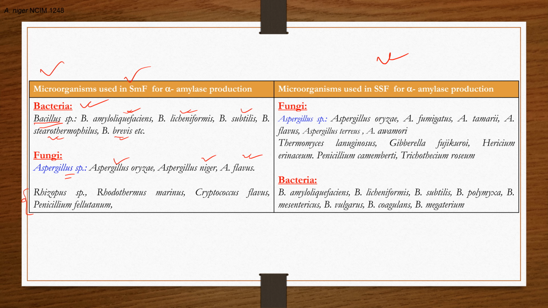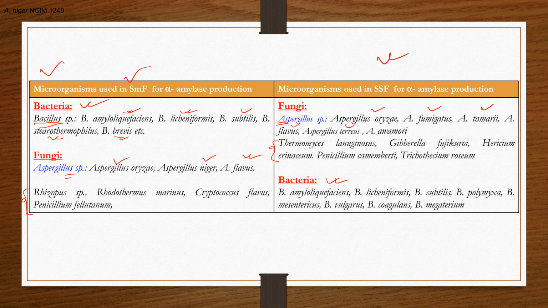Whereas in the SSF process, mostly Aspergillus species are used, like Aspergillus oryzae, fumigatus, tamarii, Aspergillus flavus, Aspergillus awamori, and others. Other microorganisms were also used for the production of alpha-amylase in SSF condition.